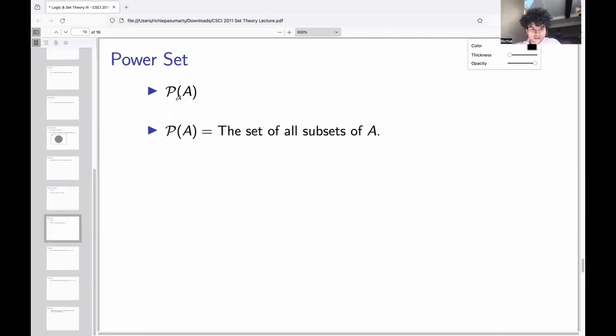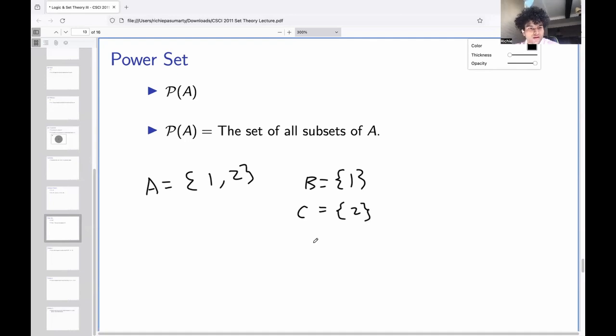All right, so another thing we can talk about is the power set of a set A. Before we do that, let's talk about what a subset of a set A is. So let's just say that I have a set A, and this is equal to {1, 2}. Then let's call this set B, and let's call this set C. And then I have the empty set.